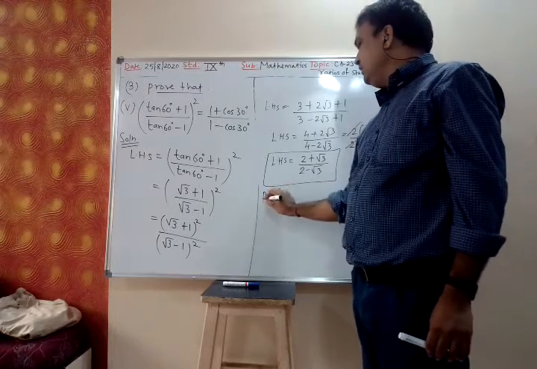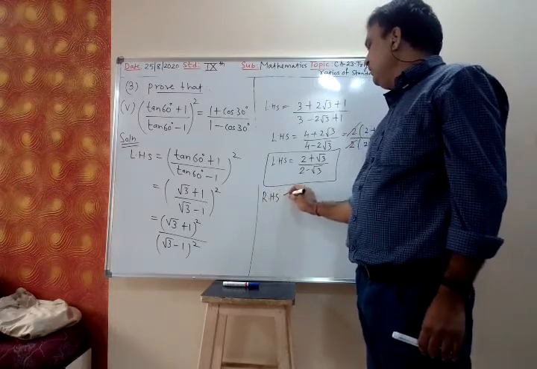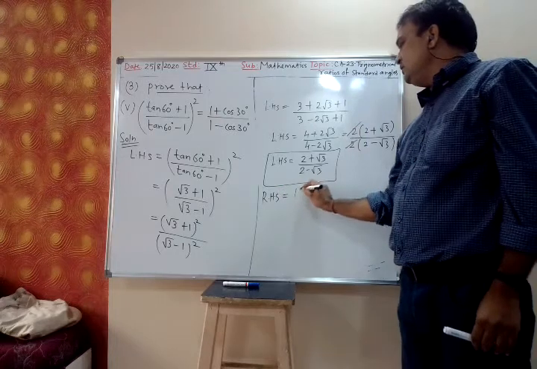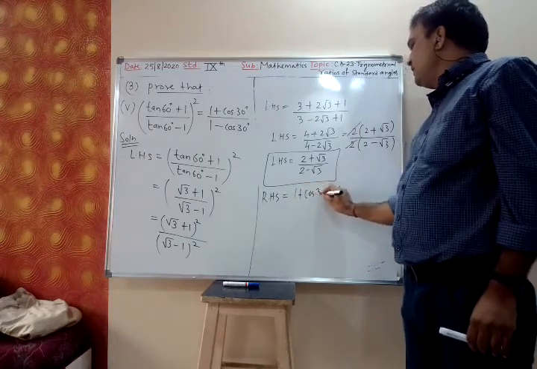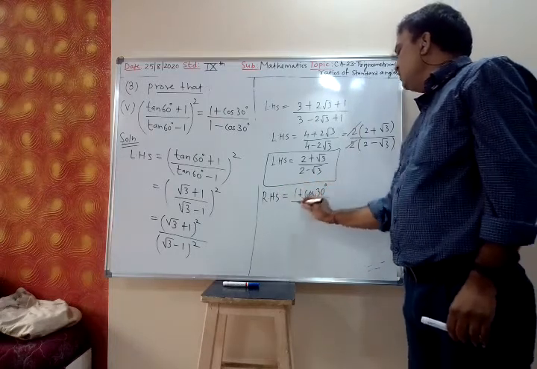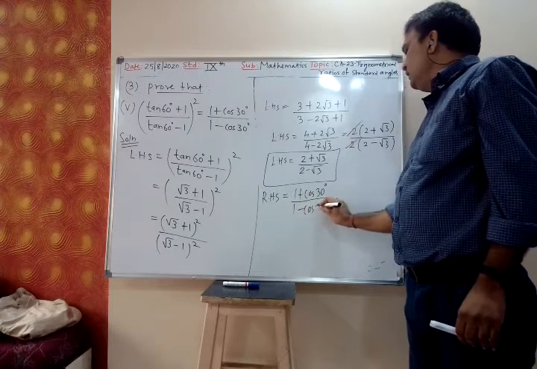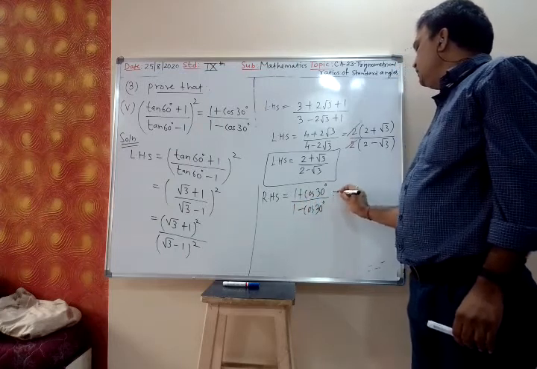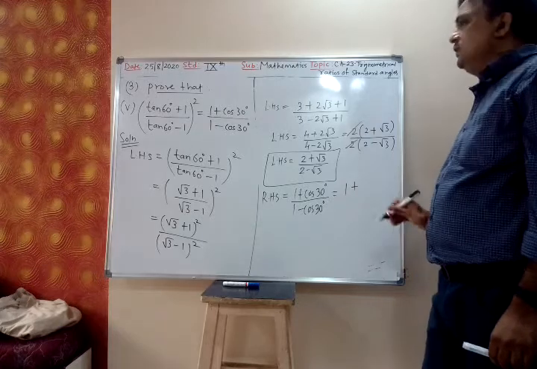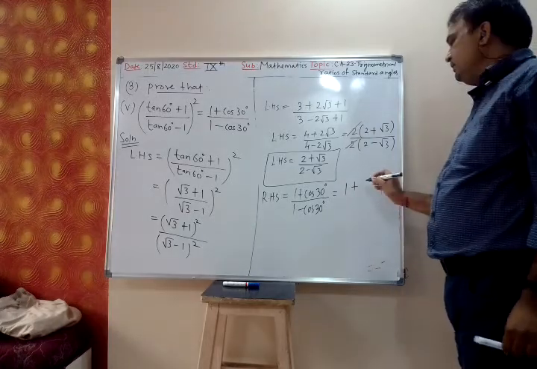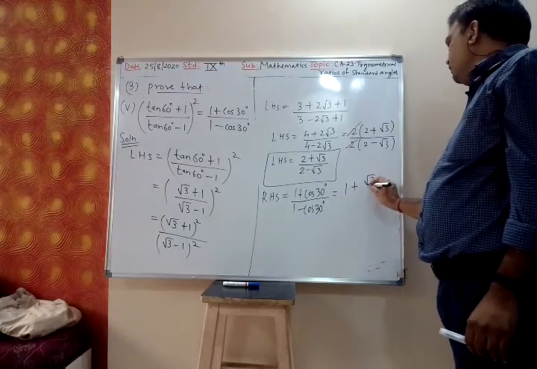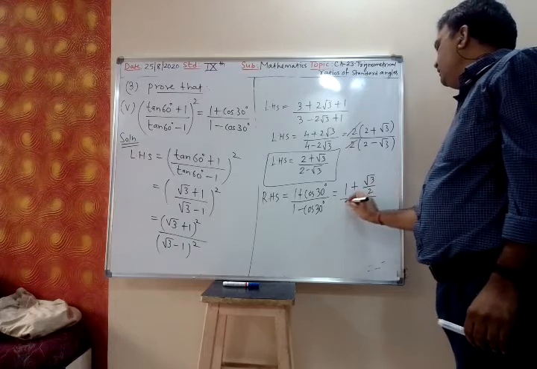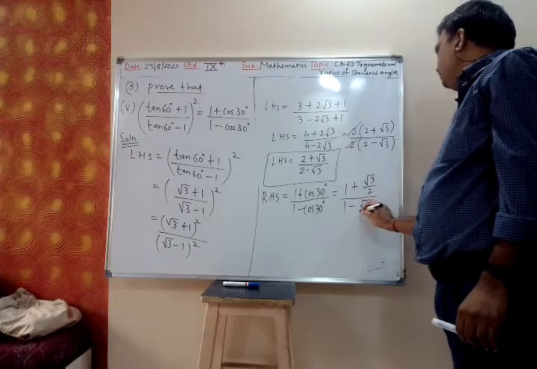Now let me do right hand side. Evaluate right hand side. Right hand side is 1 plus cos 30 degree upon 1 minus cos 30 degree. Cos 30 degree is root 3 by 2. So 1 plus root 3 by 2 upon 1 minus root 3 by 2.